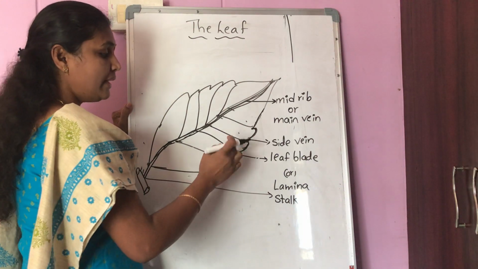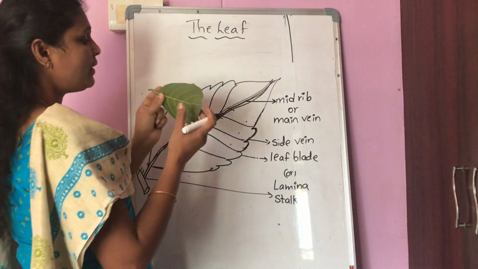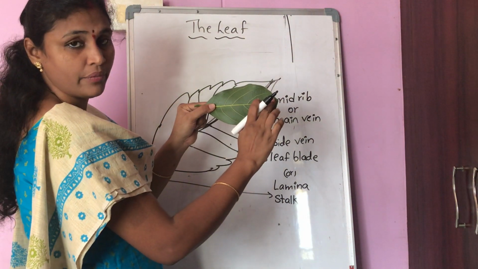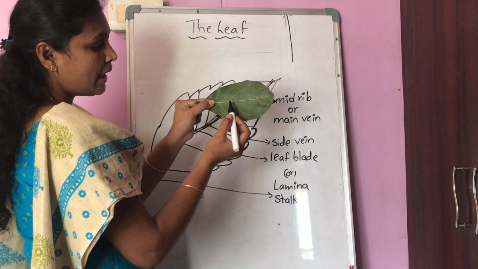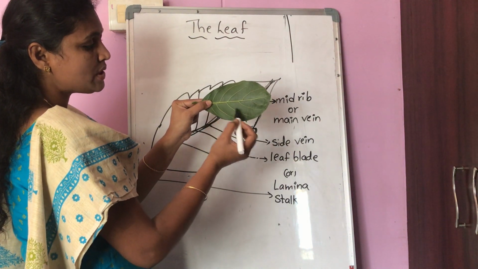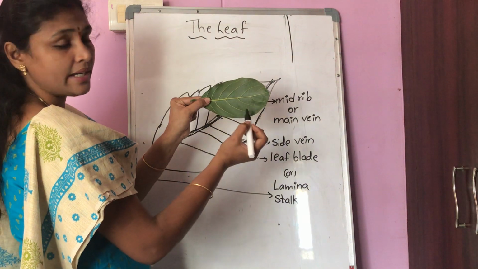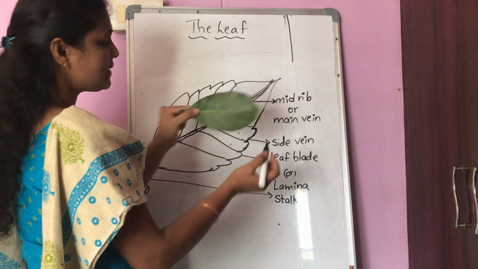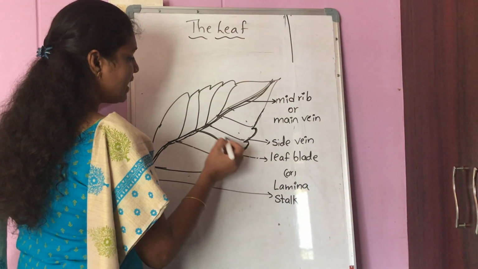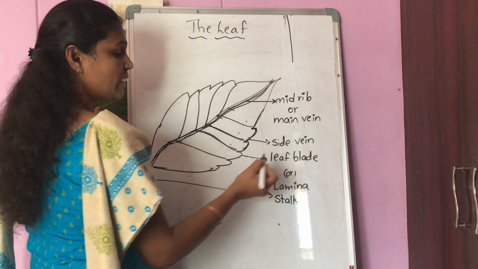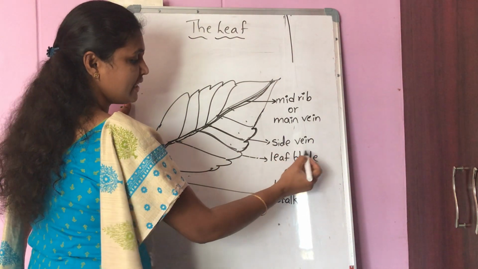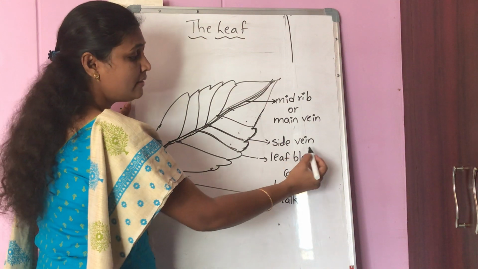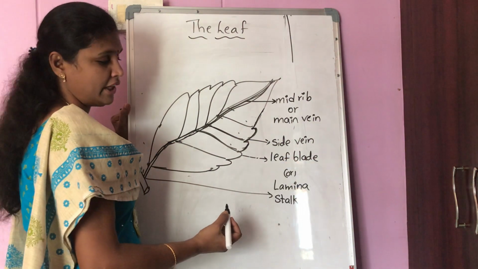And the next one: have you observed these small side veins? Can you see this? These are called side veins. SIDE, side vein. VEIN, vein.